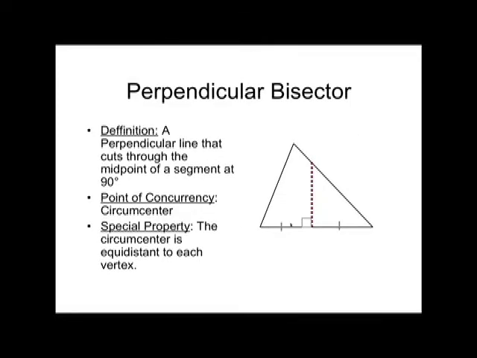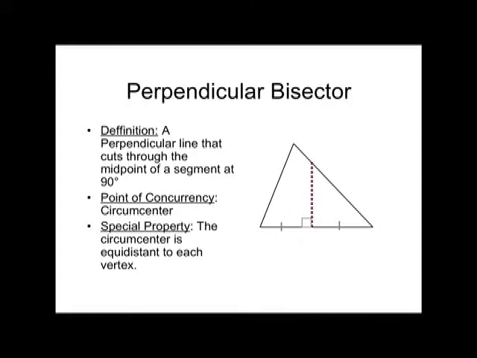To bisect something means to cut it into 2 equal parts, and the bisector is the thing that's doing the cutting. A perpendicular bisector is a perpendicular line that cuts through the midpoint of a segment at 90 degrees. The point of concurrency is the circumcenter, and its special property is that the circumcenter is equidistant to each vertex of the triangle.